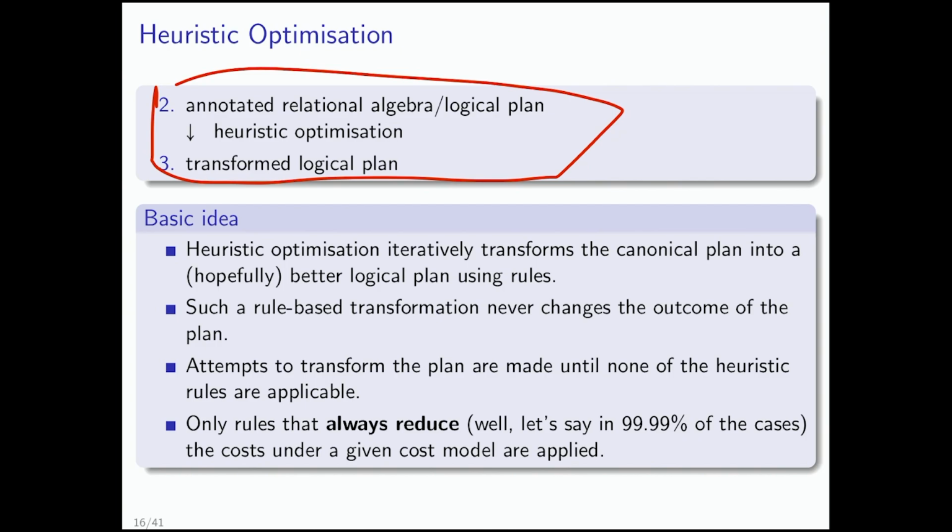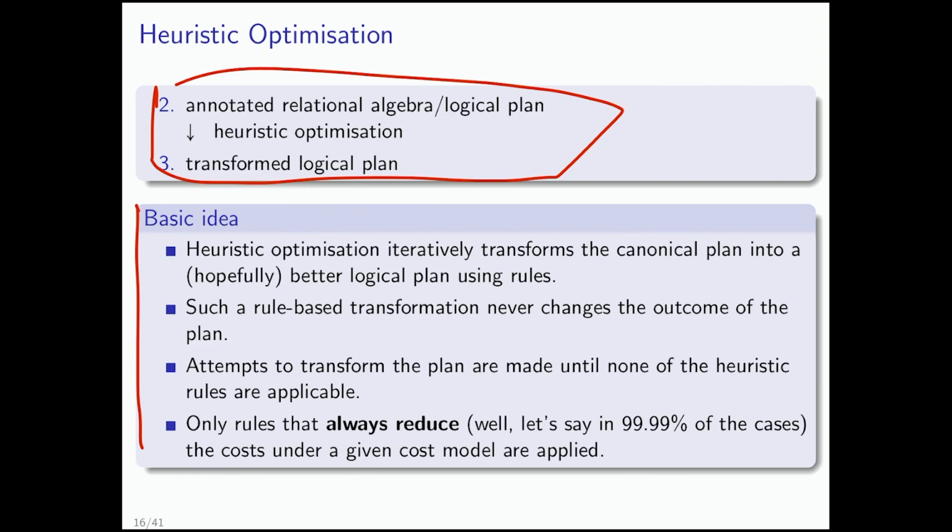Again, what we have here is the canonical translation we had initially, with all the cross products and the selections on top. The basic idea is that we iteratively transform that plan. We take the stupid canonical translation and try to transform it to a different relational algebra expression, a different plan that computes the same result, but hopefully more efficiently.